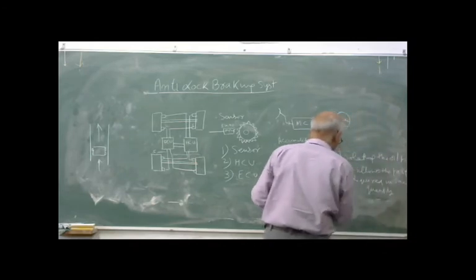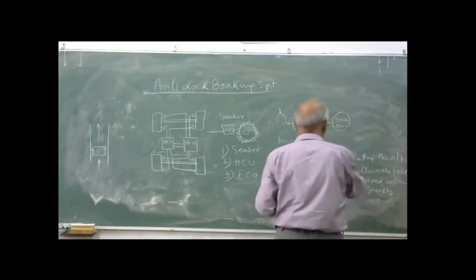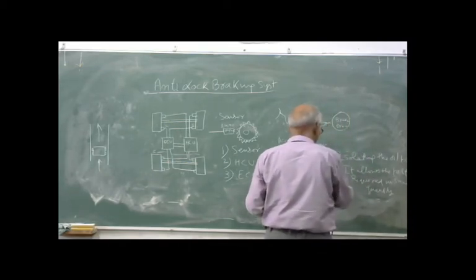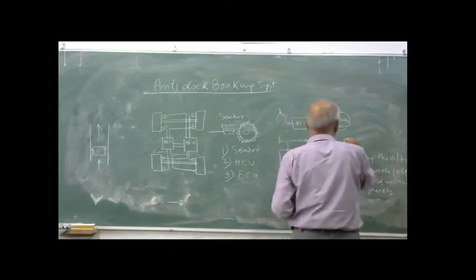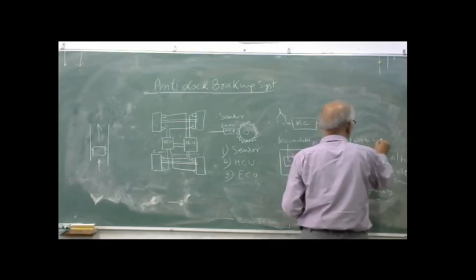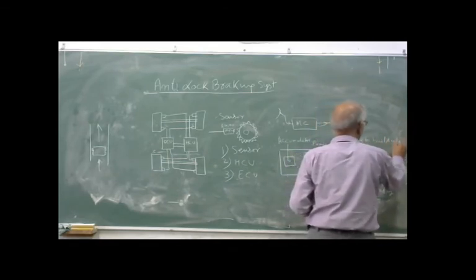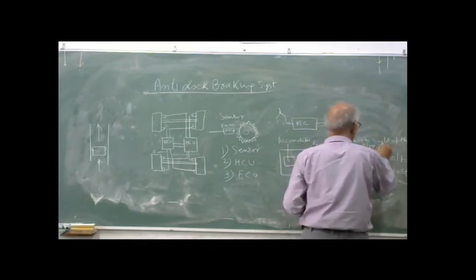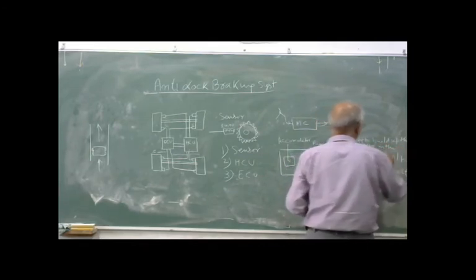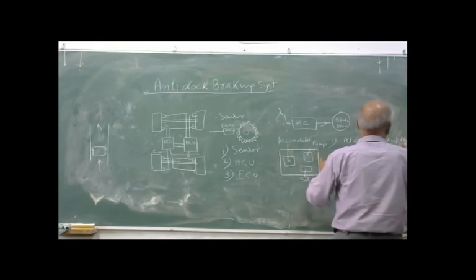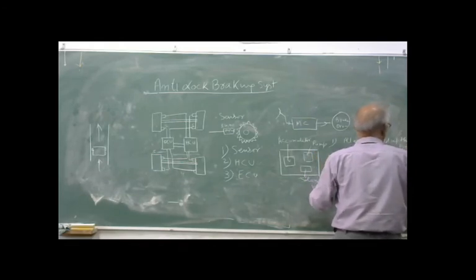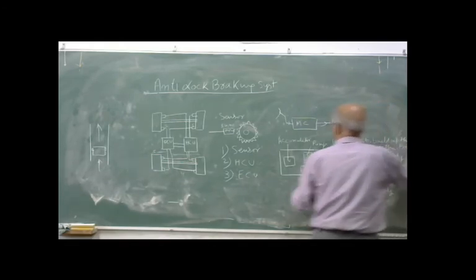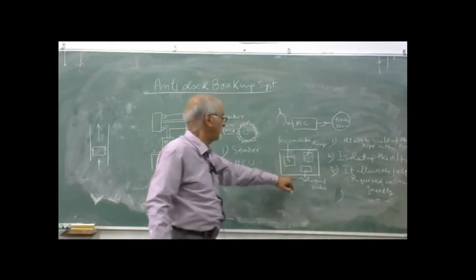And thirdly, this is the 2, this is the 3, this is 1, and this allows to build up the oil pressure in the brake drum. So three functions this solenoid valve does.